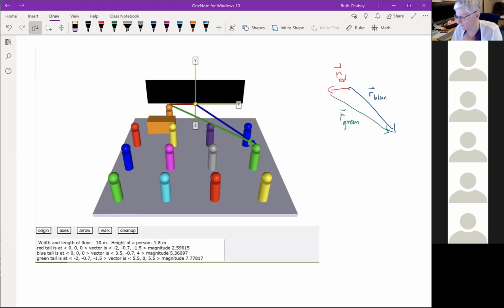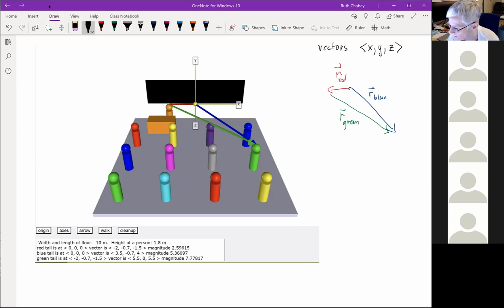And vectors have their own rules of algebra, rules of math. Some of them are like the rules you know for ordinary numbers. These are vectors, and they have the form x, y, z.